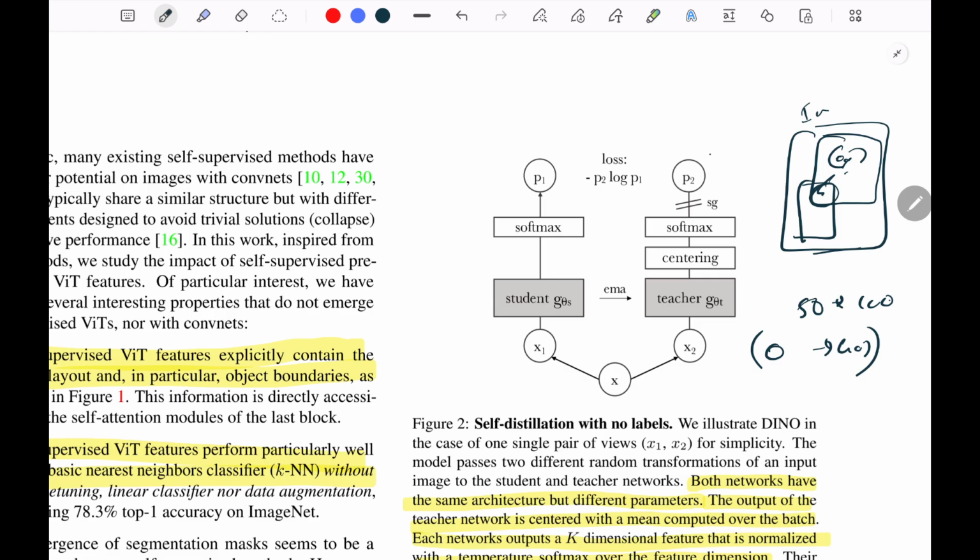And by seeing the legs, while trying to match the output distribution of the teacher, the student should figure out meaningful representations, making sure that it is a dog. So that is how they do it.